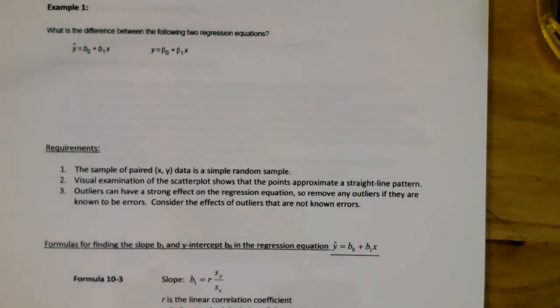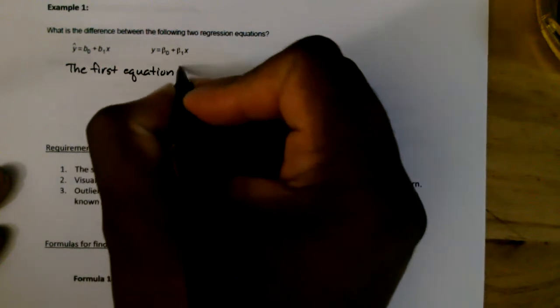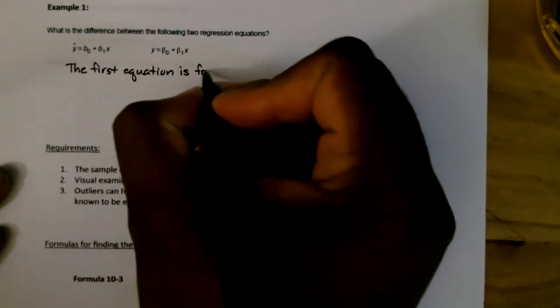And the second one is y equals beta sub 0 plus beta sub 1 times x. Notice on the left, that first equation is for sample data.